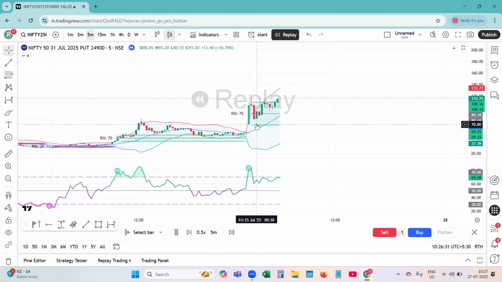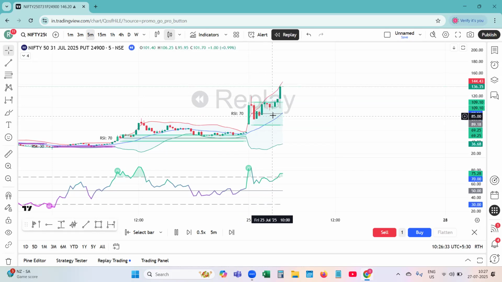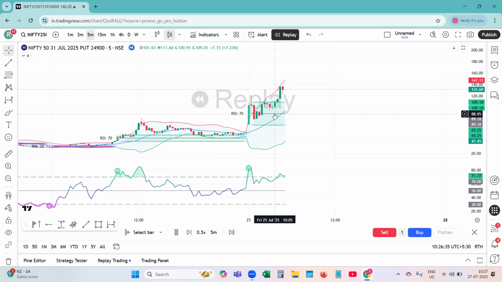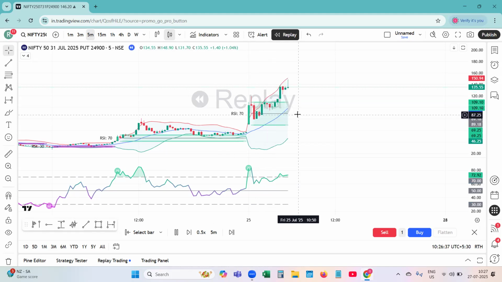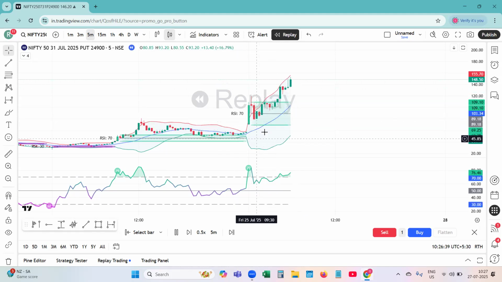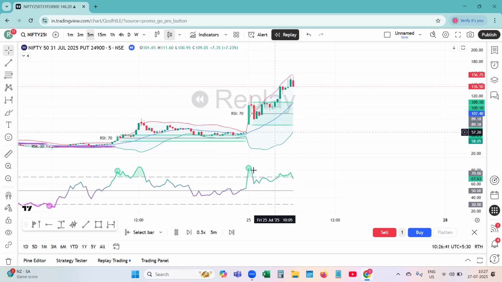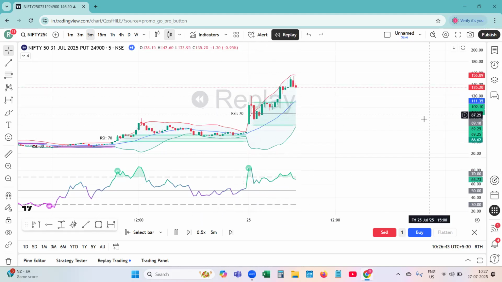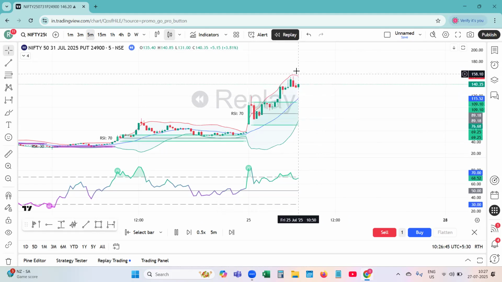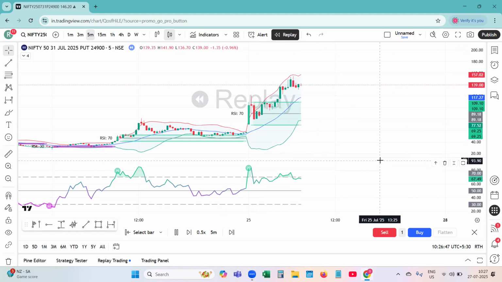Range low, you can mark that, is 70 rupees, and the middle line was 88 rupees. If you would have taken this as a bullish range shift, you could have made so much money. It is playing, it is going 157, 107, even it went up to 200 more.